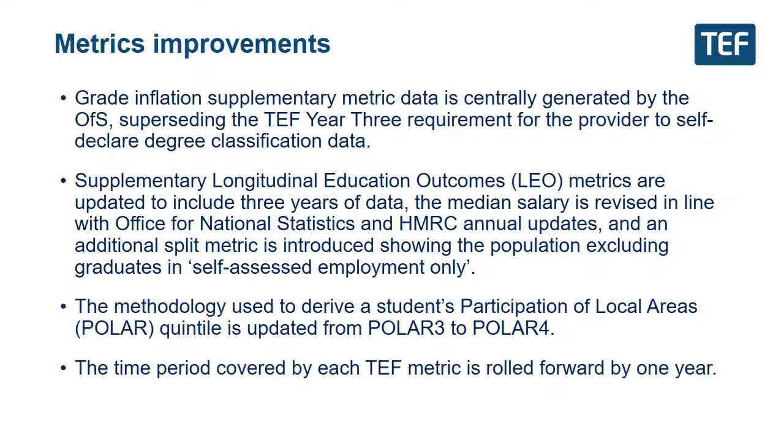An additional split is also introduced, showing the population excluding graduates in self-assessed employment only, and this split's been added to reflect the fact that earnings data for self-assessed employment is not directly comparable with that for PAYE employment because of the differences in collection of the data.